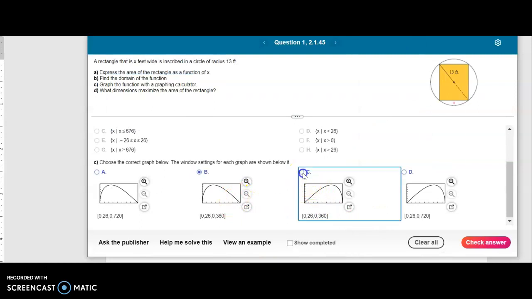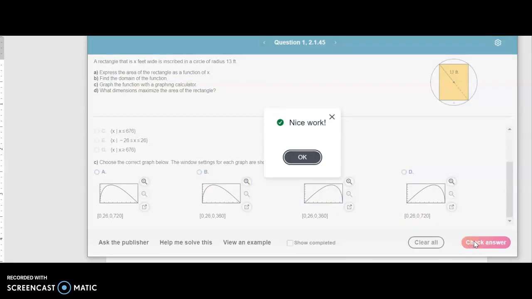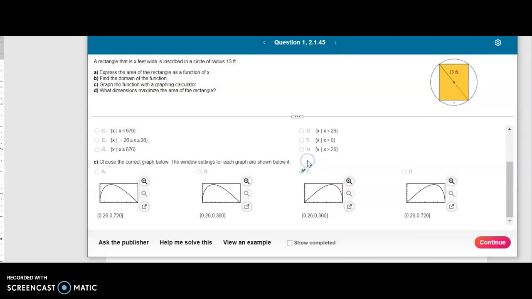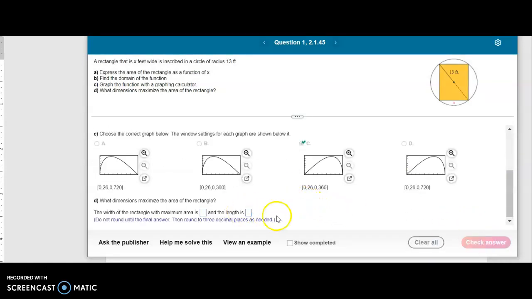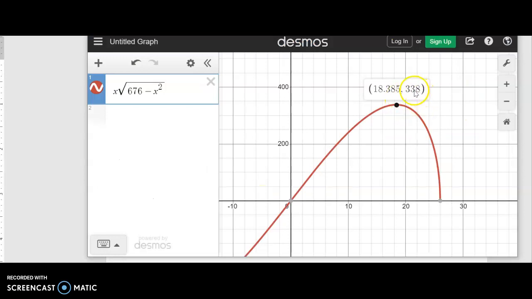Let's see, that would be this graph. Okay, and for the max area, what dimensions maximize the area of the rectangle? So I'm pretty sure in Desmos that is the max area, just because as you move along the curve here, you don't get anything greater than 338.